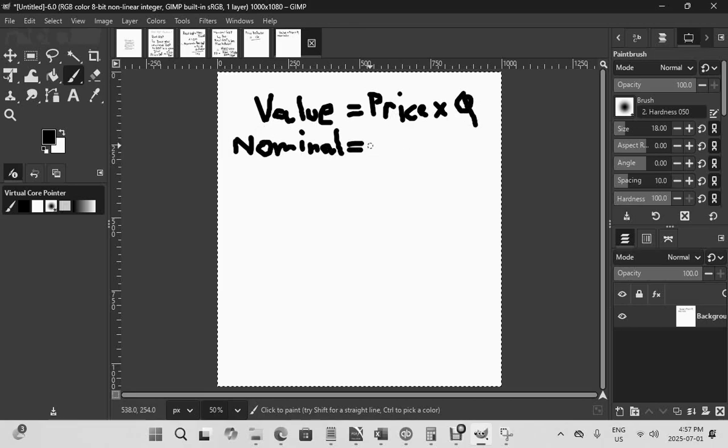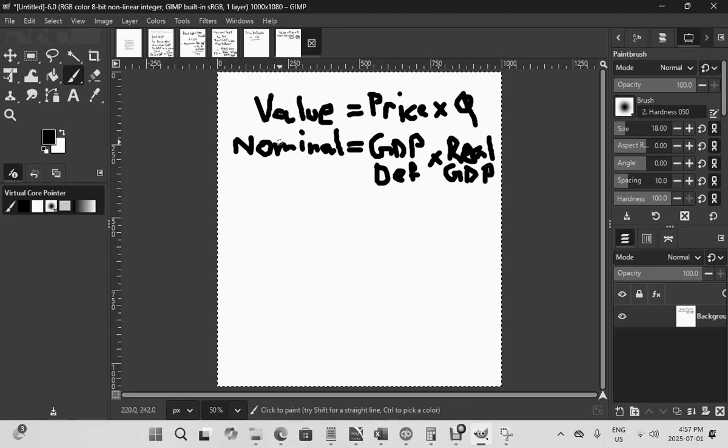So in this case, you have your GDP deflator times your quantity. So in this case, this would be your real GDP, or quantity in units.